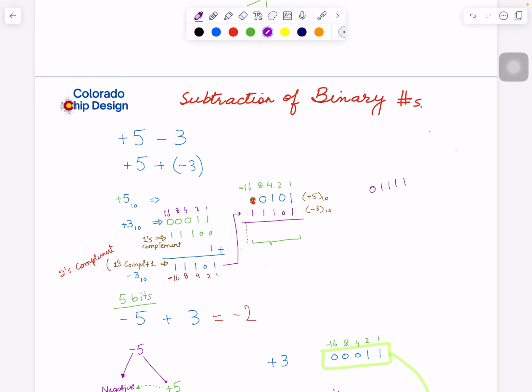The MSB, most significant bit, has to be 0 for positive. So this is the largest positive number. And the largest negative number is this. What is this? This is this number.